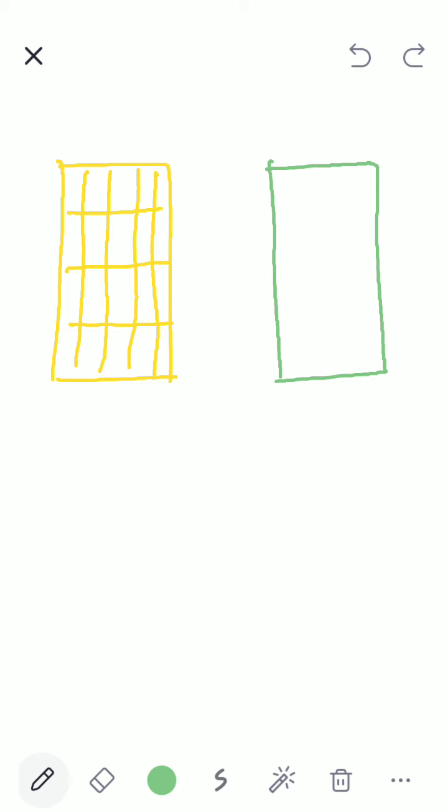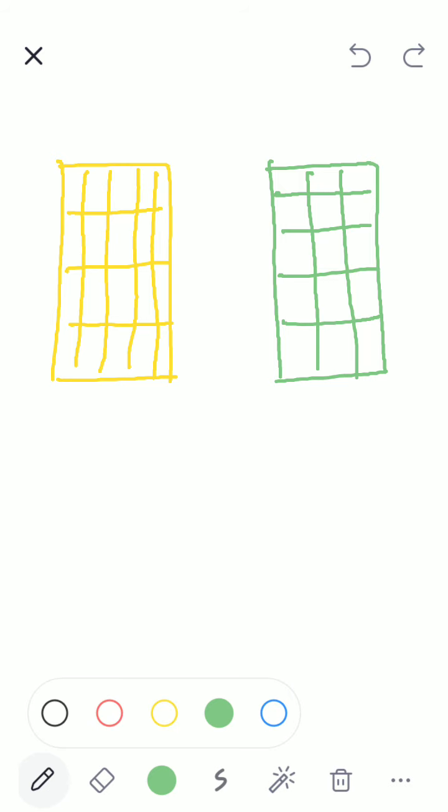Yes, 20 pieces. Okay. Now green chocolate, how many pieces? 15 pieces.